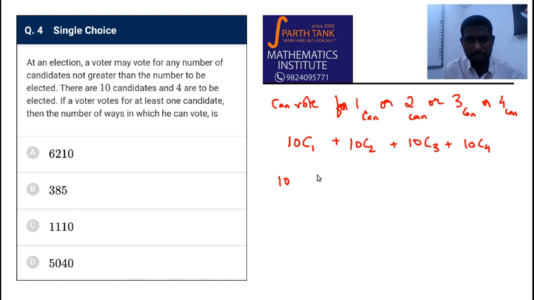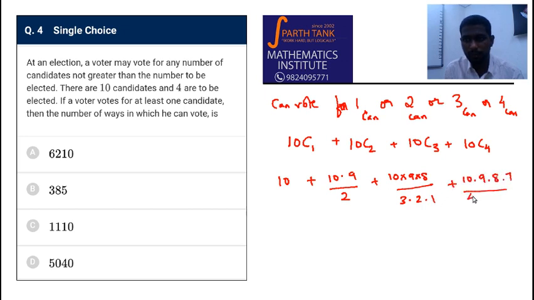Evaluate this quickly. This is 10. This would be 10 into 9 by 2. This would be 10 into 9 into 8 by 3 into 2 into 1. This would be 10 into 9 into 8 into 7 by 4, 3, 2, 1.